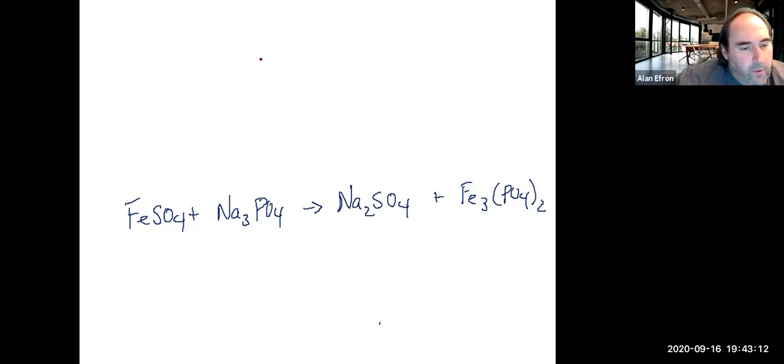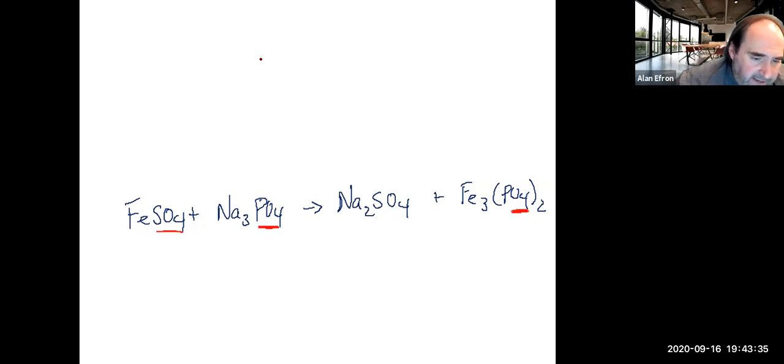Okay, so when you see something like this, it may be like, that looks kind of crazy. There's a lot going on. And you definitely could go element for element like we've been doing on the previous ones. But sometimes if you recognize that there are these polyatomic ions in here, so for example, this is phosphate and this is phosphate, looking exactly the same.